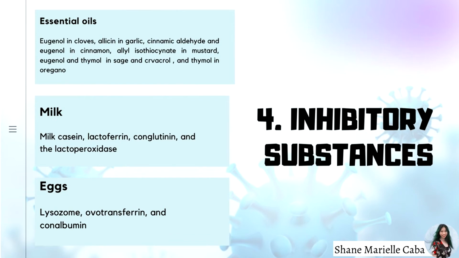The lactoperoxidase system in bovine milk consists of three distinct components that are required for its antimicrobial action. First is the lactoperoxidase, then the thiocyanate, and the third one is the hydrogen peroxide. Gram-negative psychrotrophs such as the pseudomonads have been shown to be very sensitive to the lactoperoxidase system.